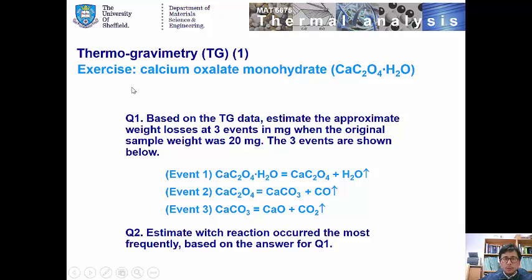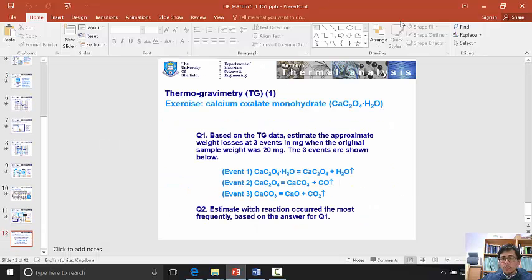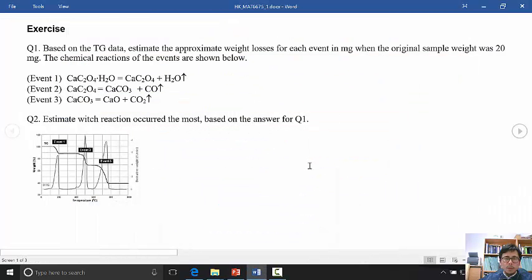Now it's your time to use your brain to try solving these questions. Okay, your exercise sheet has the data, so perhaps it's better to show that data. Let's have a look if I can show you guys this. Here you go.